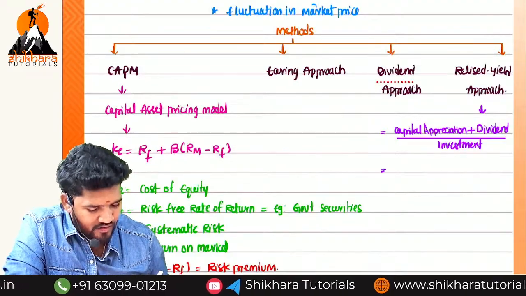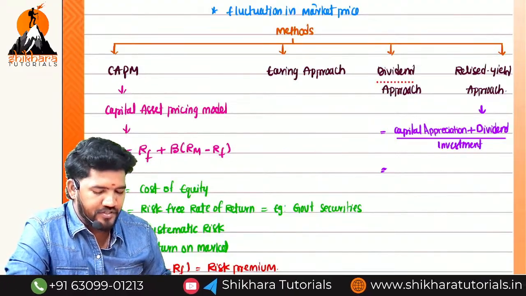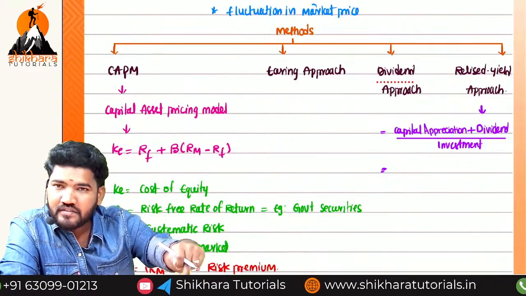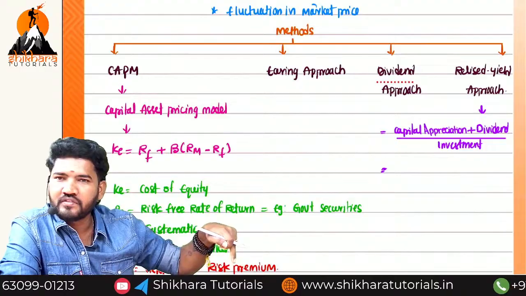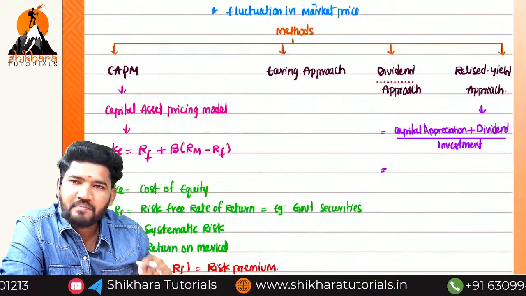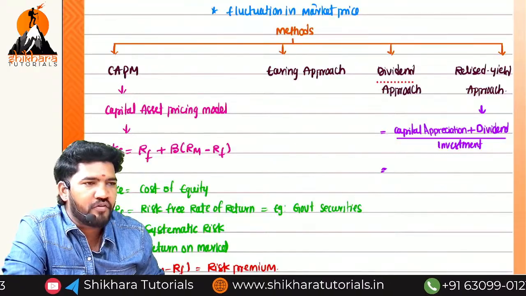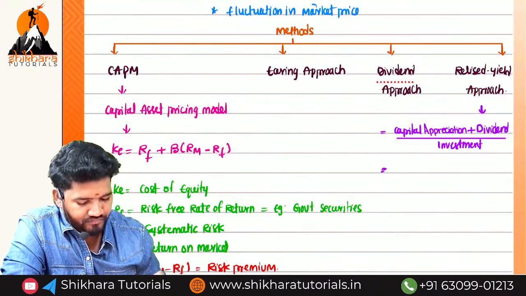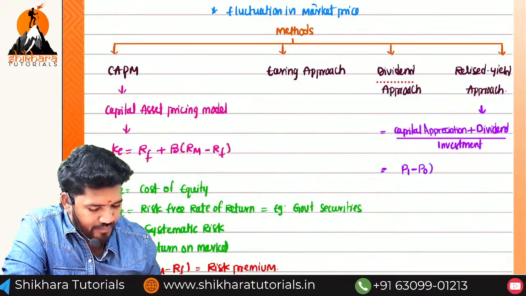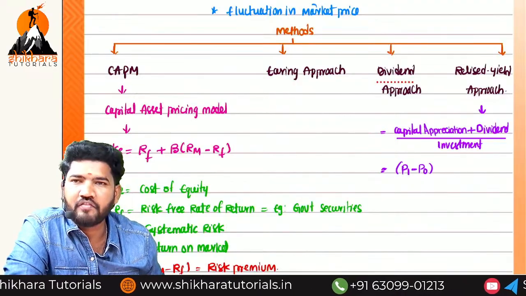Now simple. How to get capital appreciation? Selling price minus purchase price. Can I name it as P1 minus P0? This is called capital appreciation benefit.